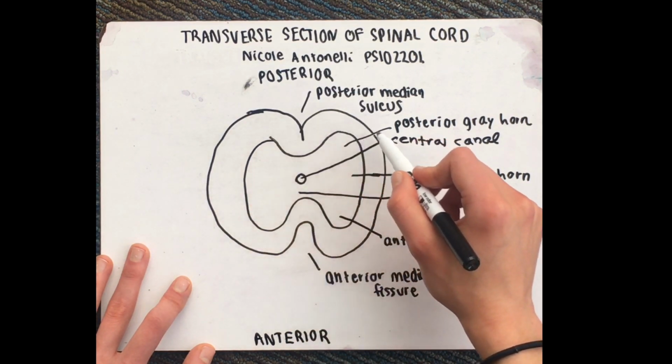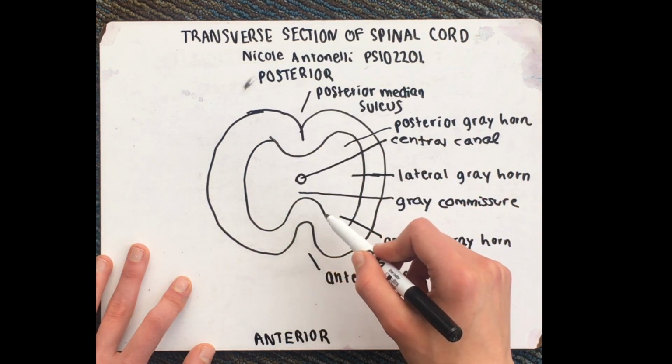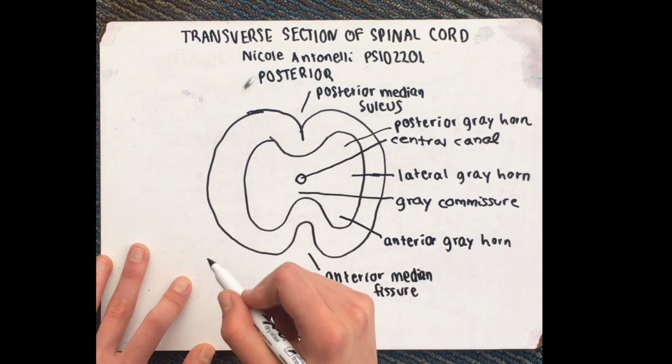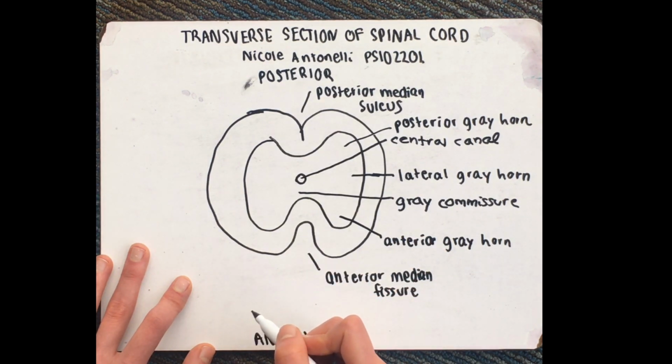Surrounding the gray matter, we have the white matter. It's made up of white myelinated axons, and it contains 3 columns.